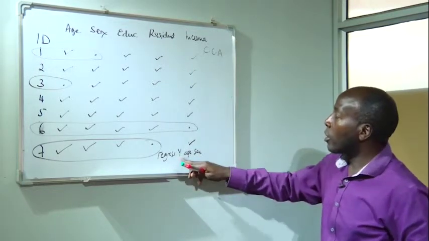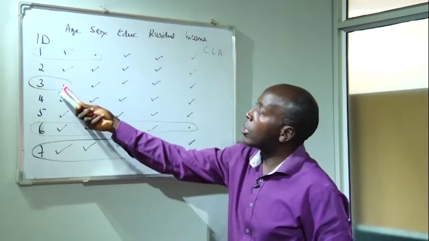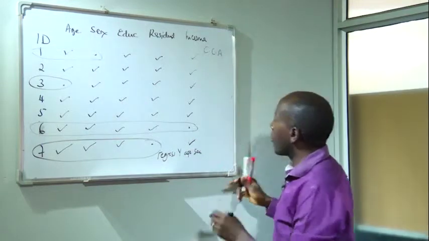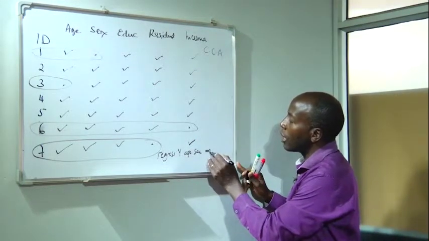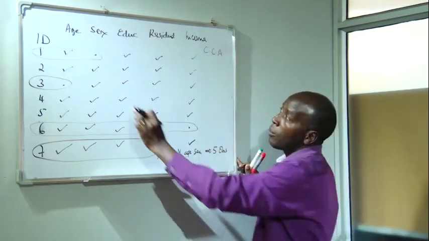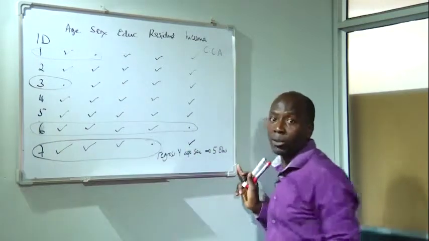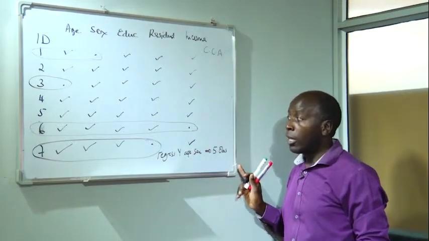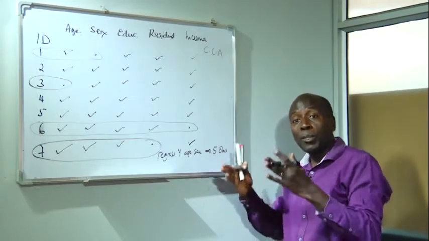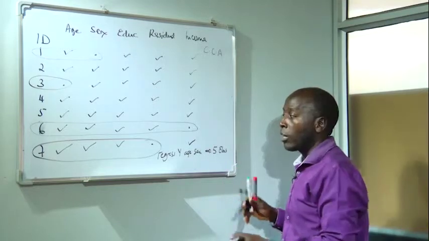And assuming nobody is missing the outcome variable. The fact that this person is missing age and this one is missing sex, the only observations that will contribute to this analysis are 5. 5 observations. Why? Because this one missing age will be dropped and this one missing sex will be dropped. And you may not actually know that your sample size is shrinking as you add more variables.